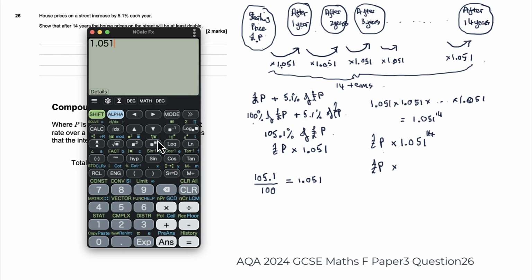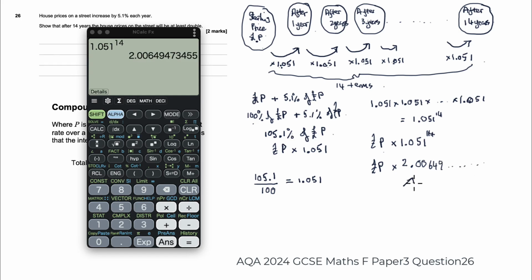There's my raised to the power of button. And when I press that button, I get this little box up here, which is ready to accept this index of 14. So when I press 14, there it appears, 1.051 to the power 14. And that equals 2.006, etc.